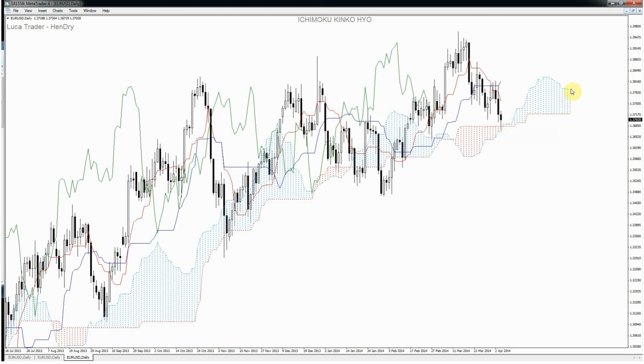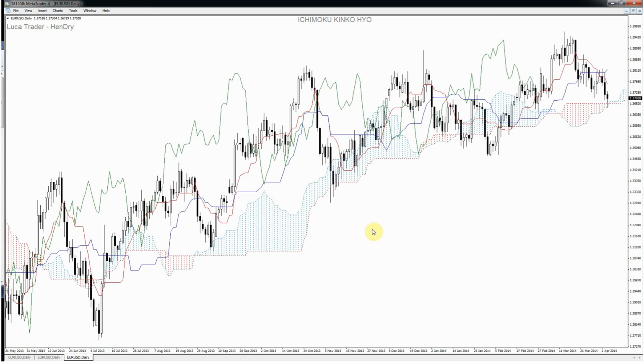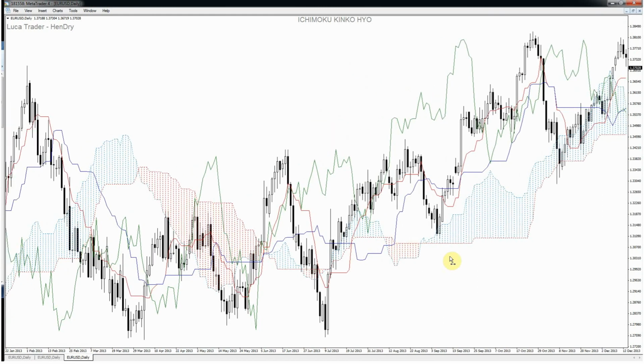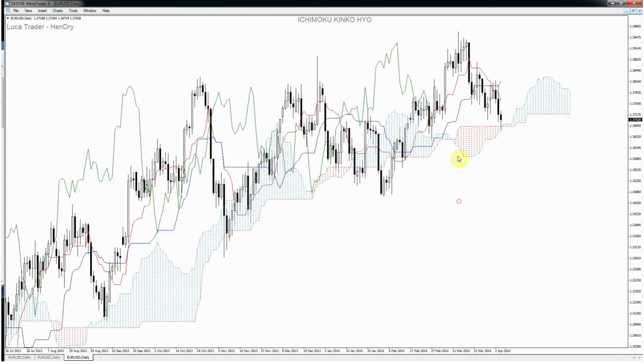If both of them are pointing upwards, it might indicate a strong bullish, something like this. This pointing upwards and this pointing upwards. In the bullish Kumo cloud, it indicates a strong bullish movement. And what if they are pointing something like this? This is weak and this is strong.